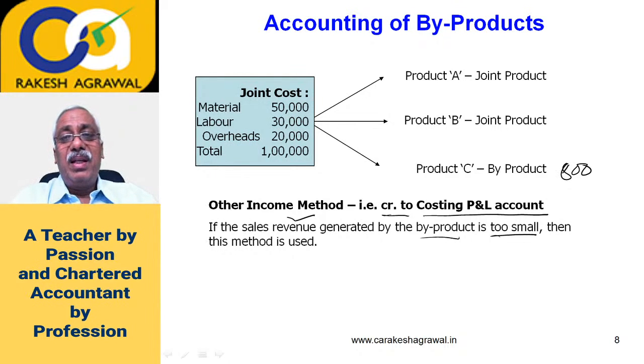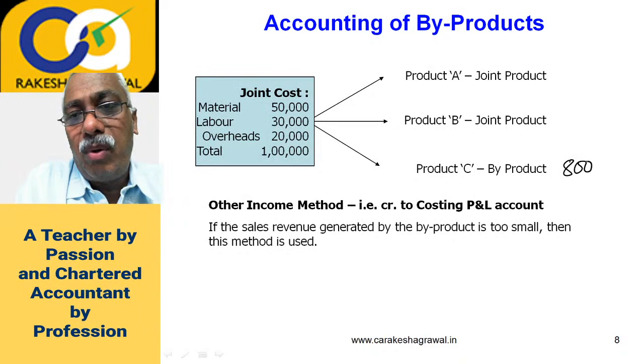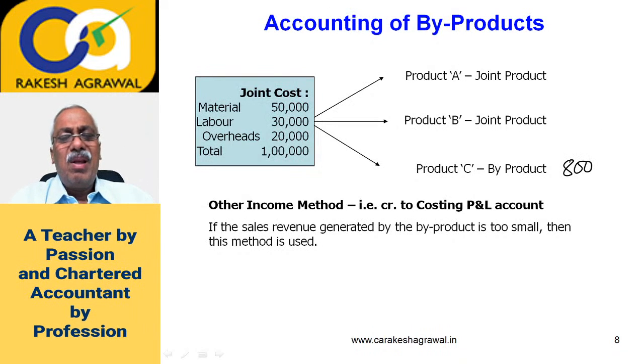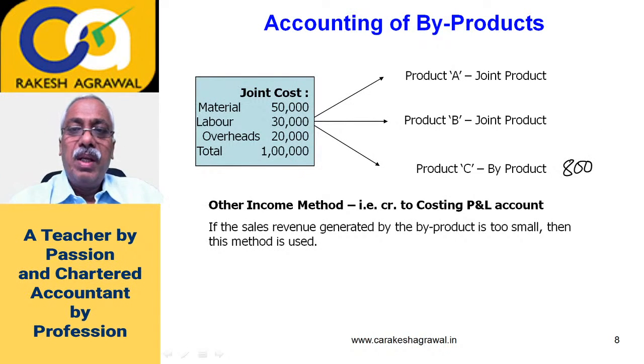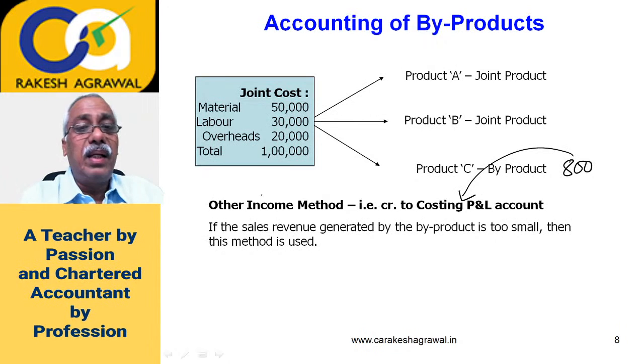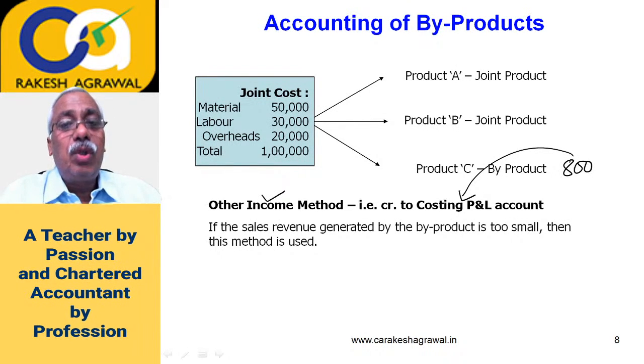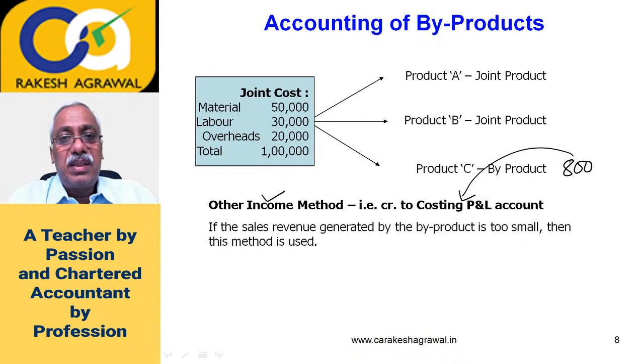Some people feel that if this product can be sold for just rupees 800, it is a very small amount of income or revenue, so don't do any special accounting. This 800 rupees you should credit to costing profit and loss account as other income or miscellaneous income. It means nothing is to be credited to process account, but this sale value is directly credited to costing P&L.